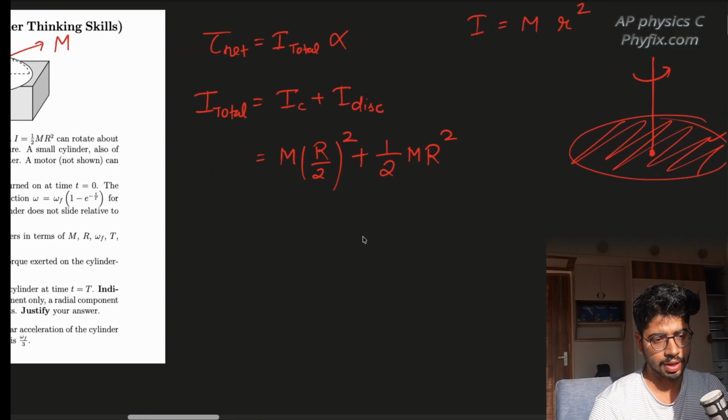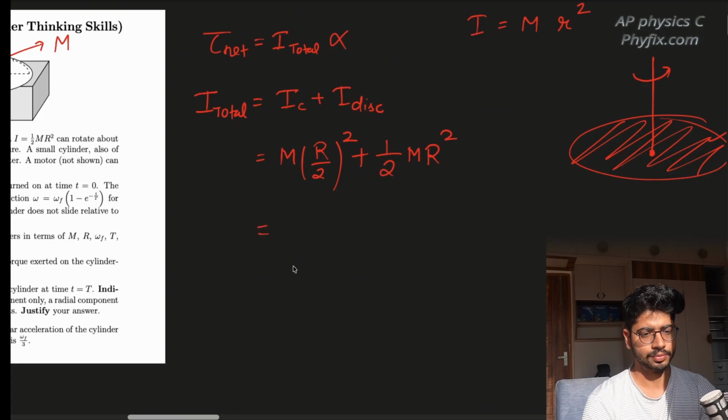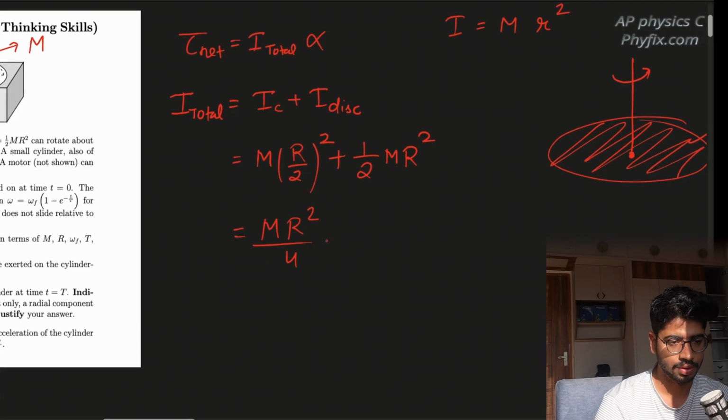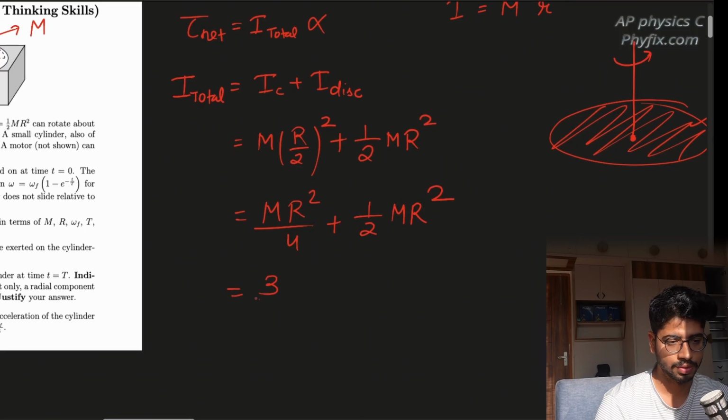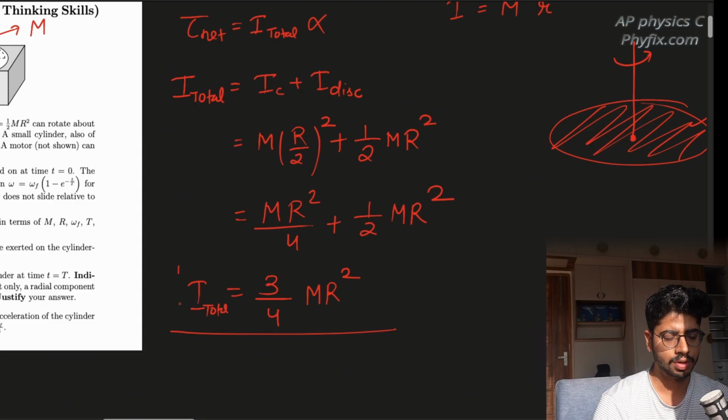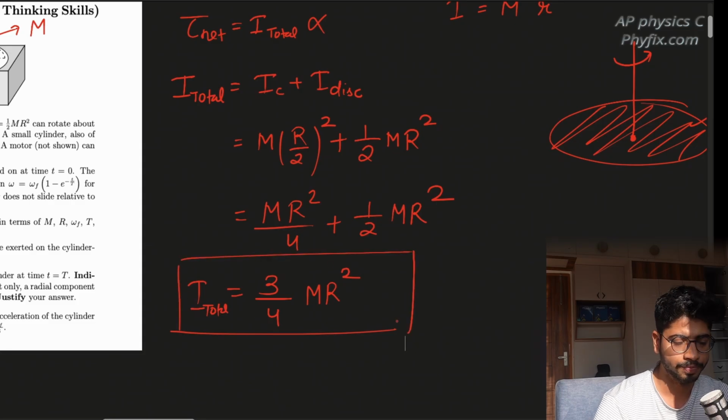Then you have to add both of the values. So this is the total moment of inertia that we get.